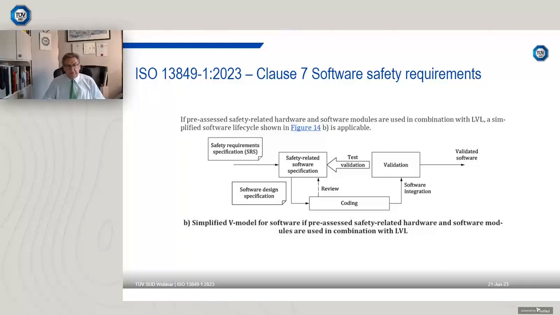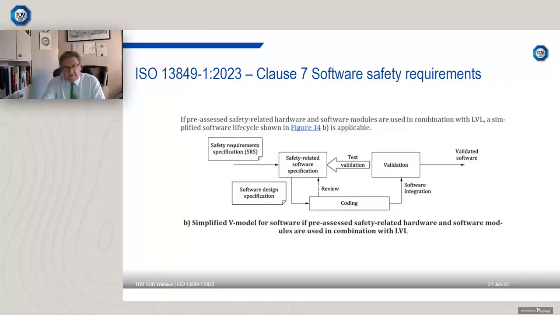Pre-assessed software modules, either library modules provided by the system manufacturer or something that we could claim to have been shown to be proved in use. We don't need to go through all of the steps in the full V model. So that's explained.